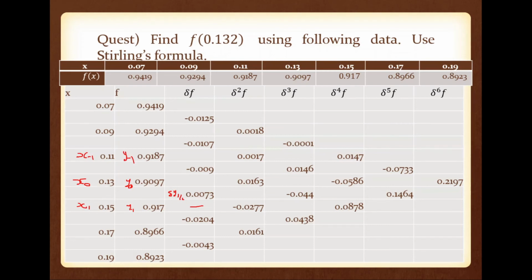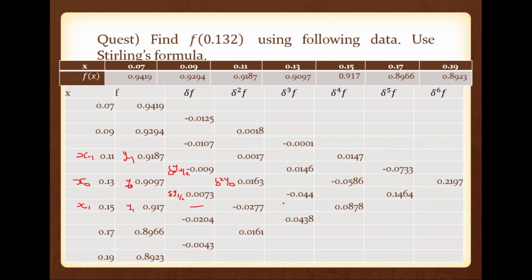This is 0, this is 1, so the midpoint is 1 by 2. Similarly, this is 0, this is minus 1, so the centered one is delta y minus 1 by 2, the first order central difference. Now what about this data? This one is the central difference of these two, that is delta square. The midpoint of 1 by 2 and minus 1 by 2 is delta square y 0.